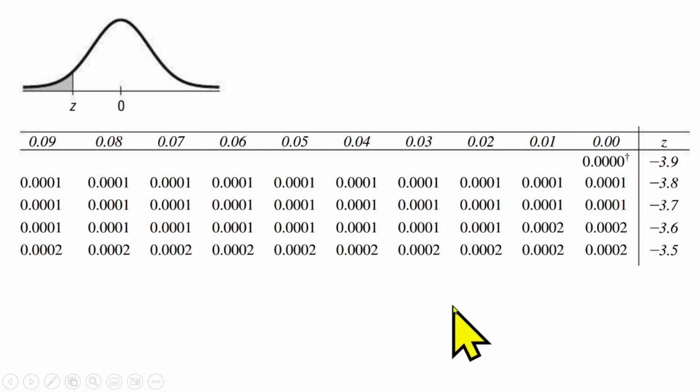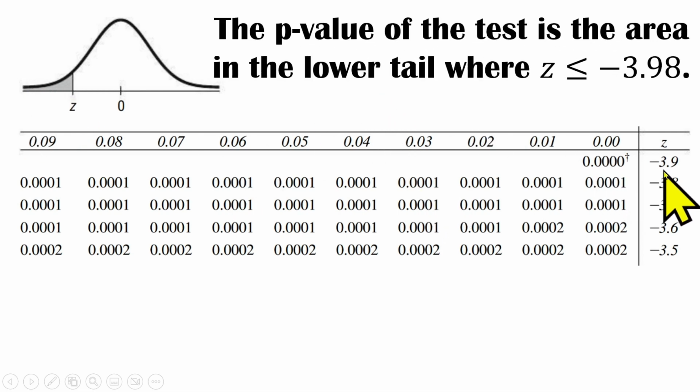So here's a piece of your Z table. What we want is, if we put Z equal to minus 3.98, the area in that lower tail. So we look at our table, we start with minus 3.9, and then we look at 0.08. And so the area in that lower tail would be a number that appears right here.